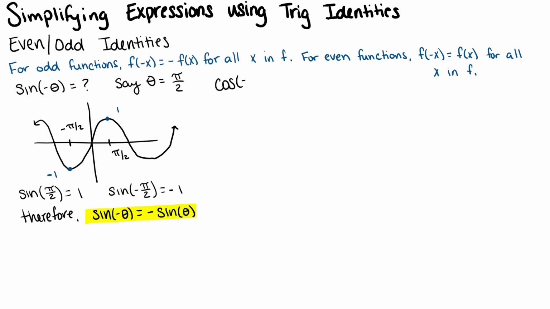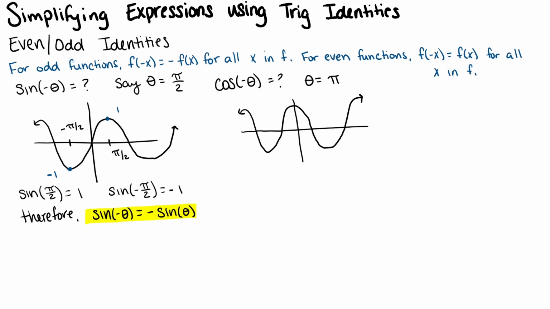So let's look at our cosine then. What happens with cosine? Let's consider our theta is pi. Well, again, if we think about the graph of cosine, let's take our pi value. So we've got our pi here, positive pi, and our value for cosine is negative 1.